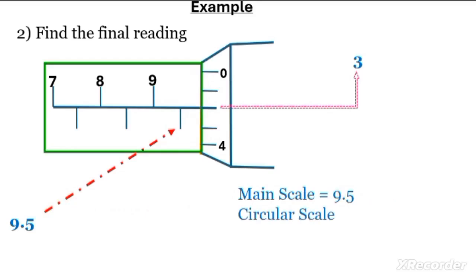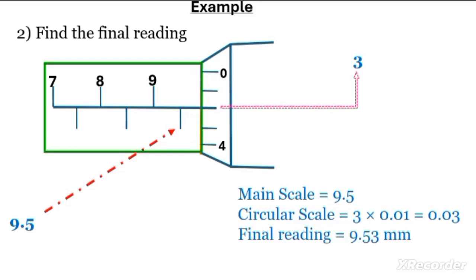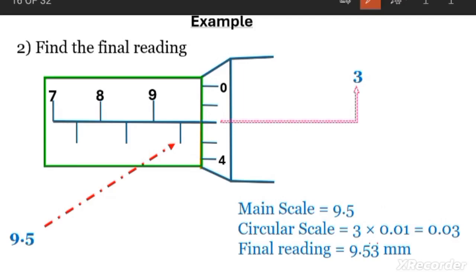Then the circular scale or thimble scale is equal to 2 times 0.01. Then for the final reading, we add this number and this one, and we are going to get 9.52 millimeters.